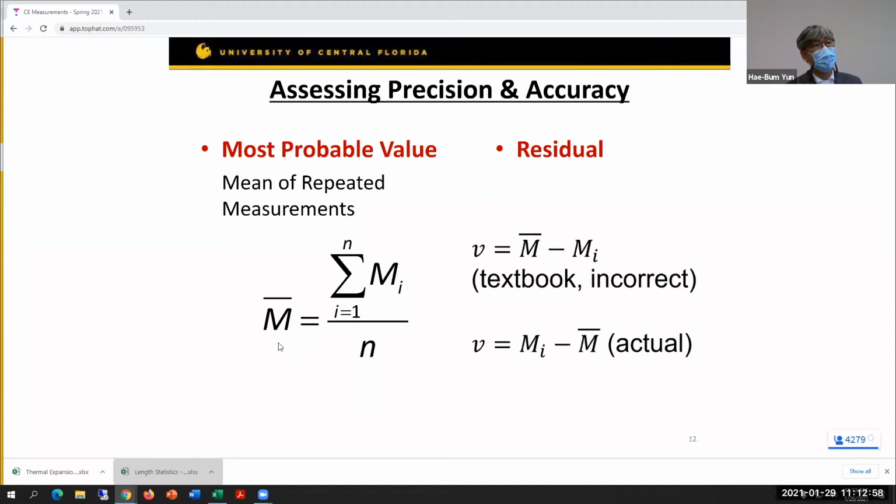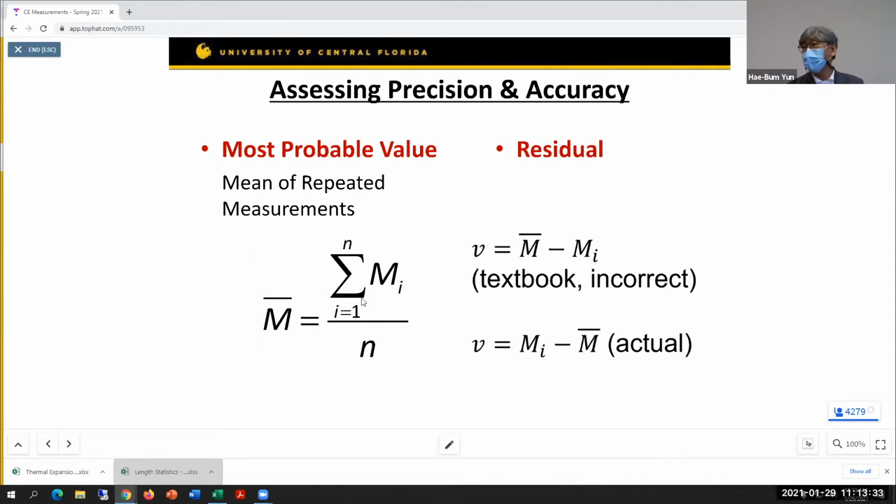When you say mean or average in the mathematical sense, that means the true value, the true quantity. But the sample mean can be calculated from this equation. That is not the true value, but the most probable value using the given data or measurements.